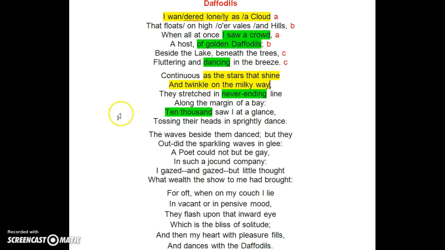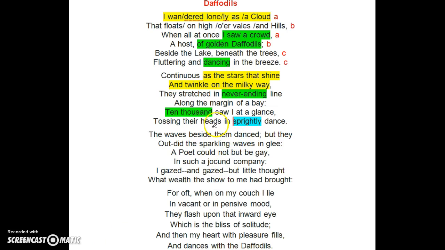In line 12, we have the word sprightly that derives from the word sprite, that means a local spirit, almost like a fairy.